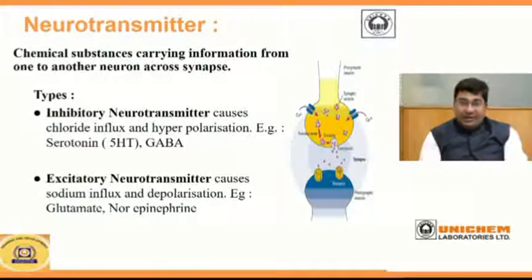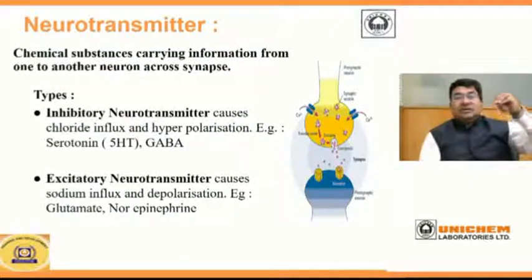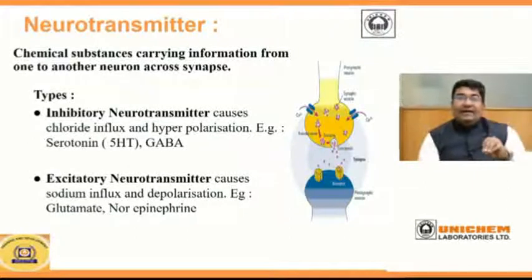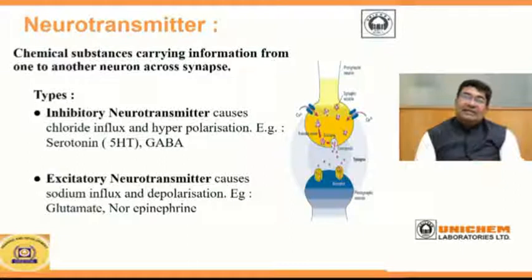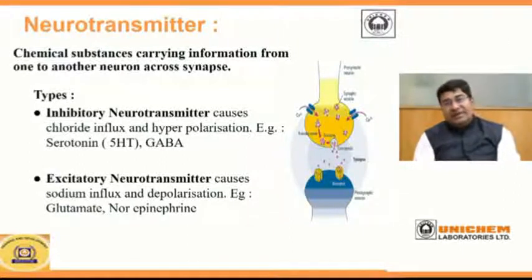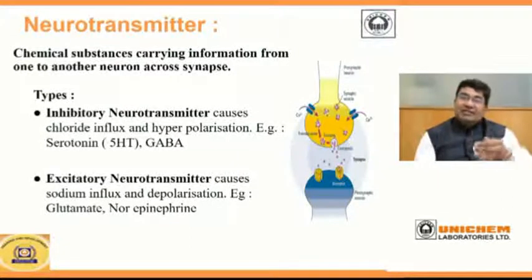When this impulse comes to the nerve ending or axon terminal of one nerve, the neurotransmitters which are stored in the vesicles are released into the synaptic cleft, and then these neurotransmitters go and attach to their receptors in the dendrite of the other neuron.